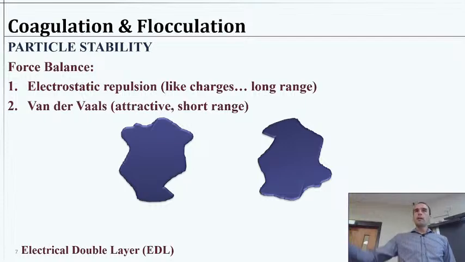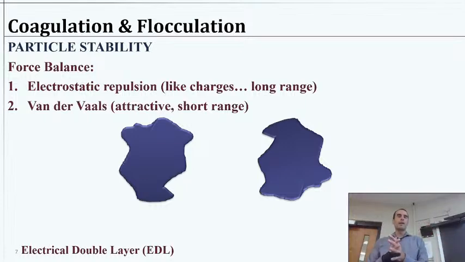When we talk about particles floating around in water, we use a word called stability, like they're stable or they're not stable. What we're really referring to is how likely they are to stick to something else, whether that be the wall or a neighboring particle, or not. We say they're stable if they have a force field, typically electrostatic repulsion, preventing them from getting too close and getting stuck.